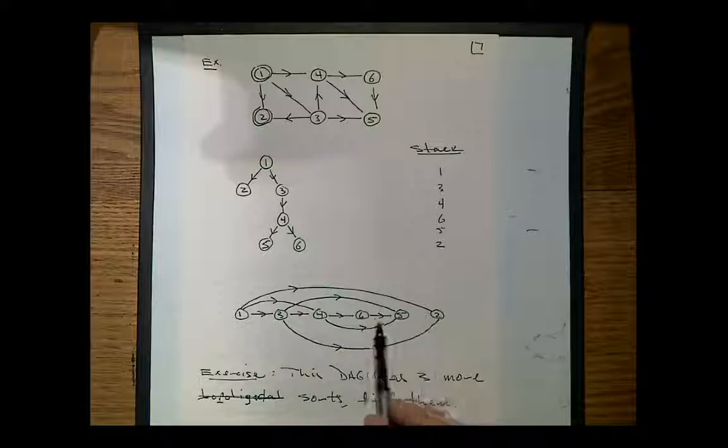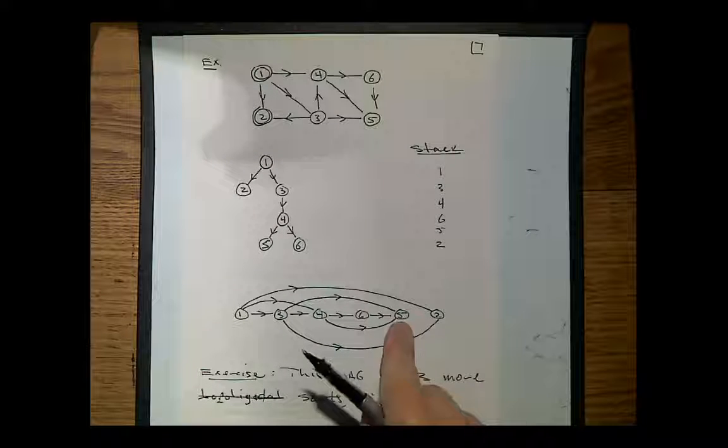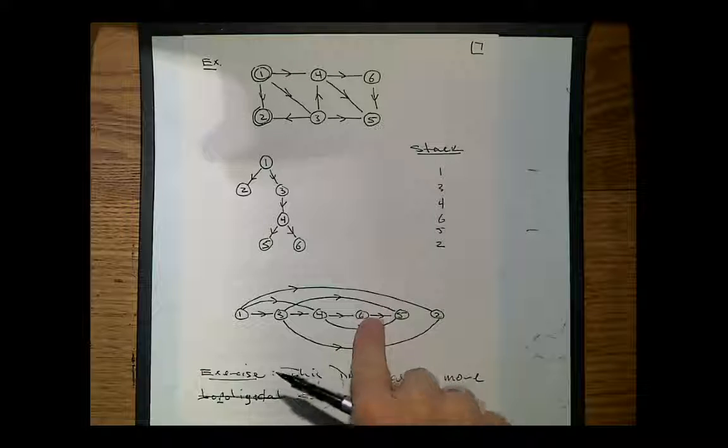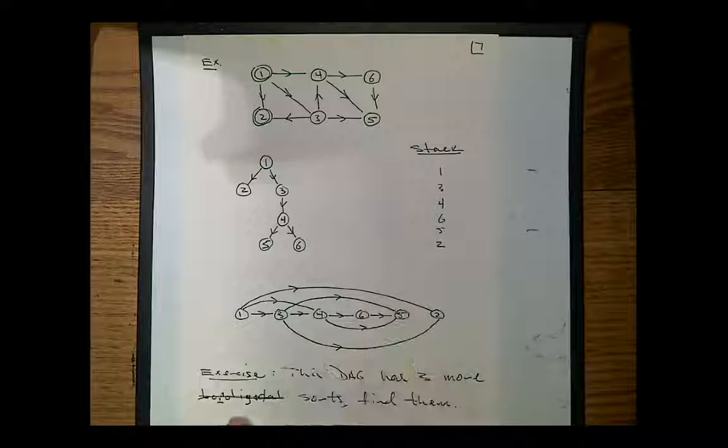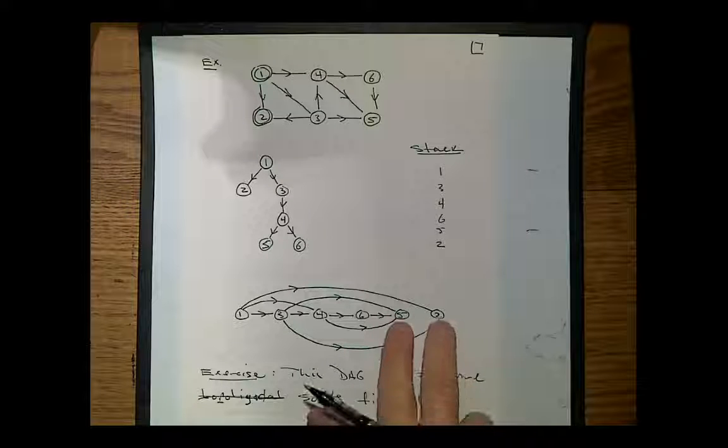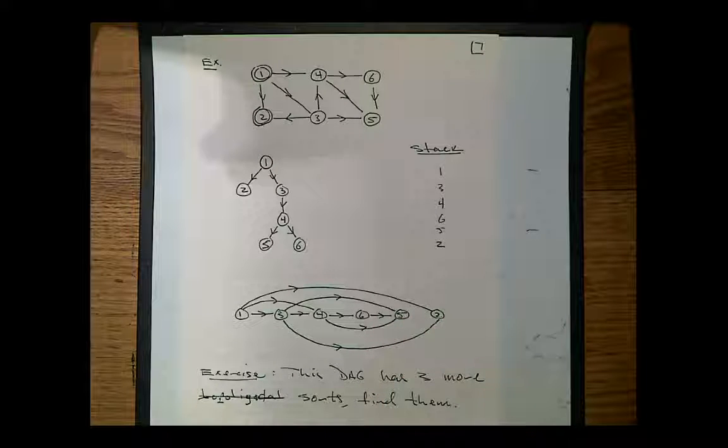If I move this 2 between the 6 and the 5, stretch this 5 out and put the 2 in its place, and have the 6 to 5 go over the 2, it would still be a topological sort if I just swapped the 5 and the 2, basically.